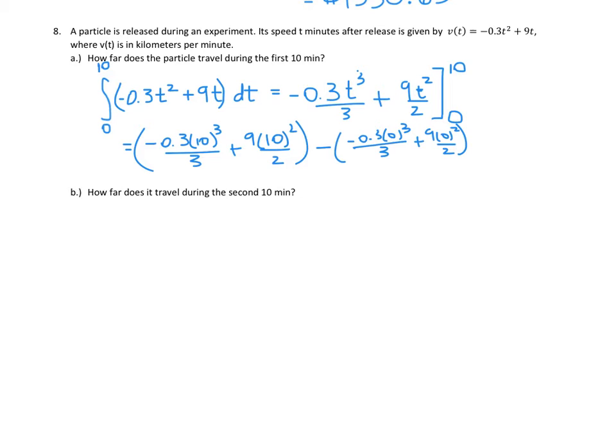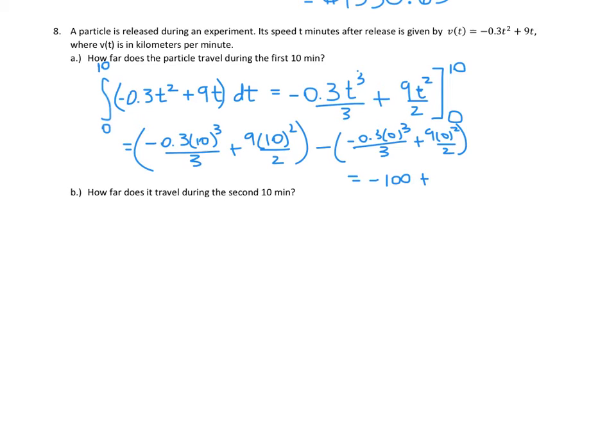Alright, now simplifying this. 10 cubed is 1,000 times negative 0.3 is going to be negative 300. And negative 300 divided by 3 is going to be negative 100. So we have negative 100 plus, and then we have 10 squared. 10 squared is 100 times 9, which is going to be 900.